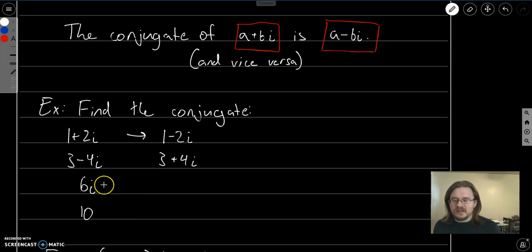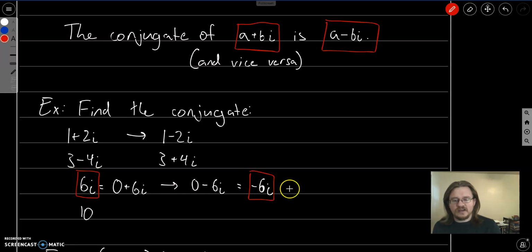Well, we can always think of 6i as being 0 plus 6i, and now we've got a real part and an imaginary part, so this just becomes 0 minus 6i, which is just the same thing as negative 6i. So essentially, whatever the imaginary part is, you switch the sign in front of it to get the conjugate.